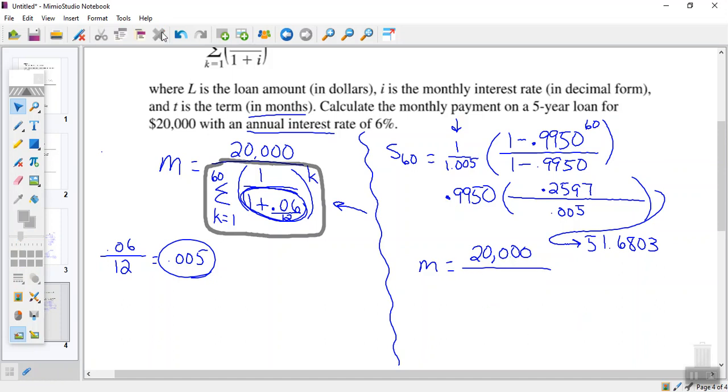So we're going to divide by how much? Somebody divide that out for me. $386.99.